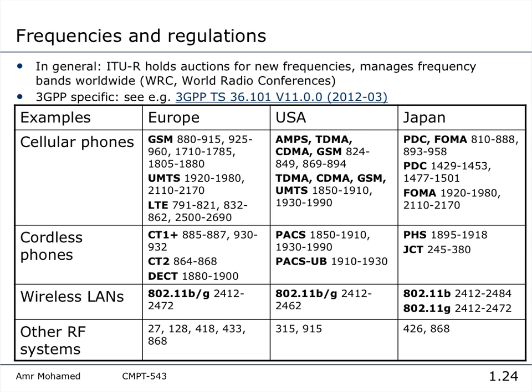So for example, we have GSM 880, and this refers again to the carrier frequency. And in the US, we have GSM 824. So in the US, they always need to have different standards. Even if they adopt some standards, they tweak it and customize it for their market.